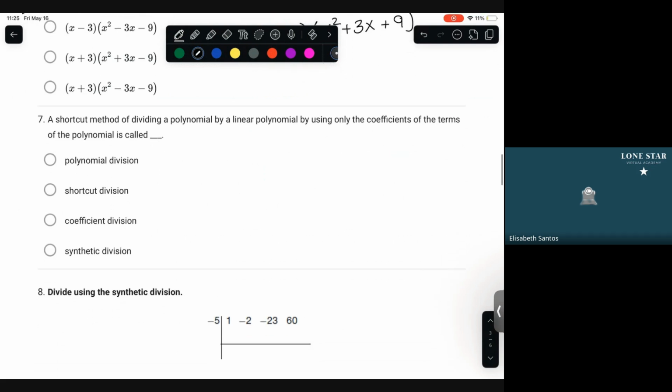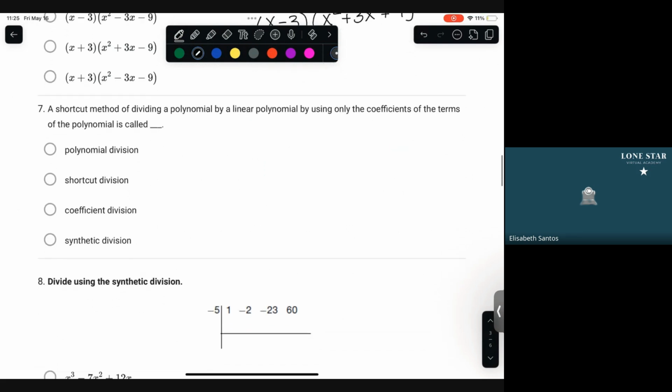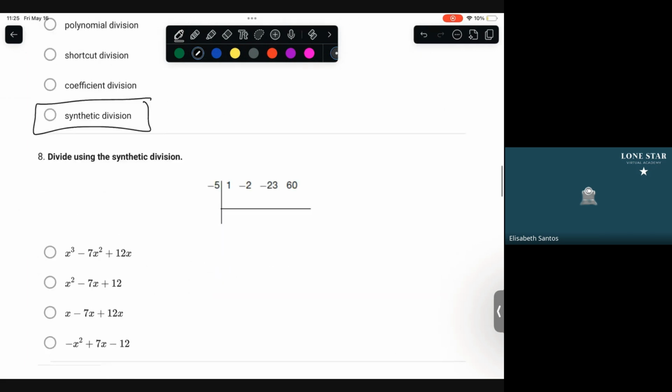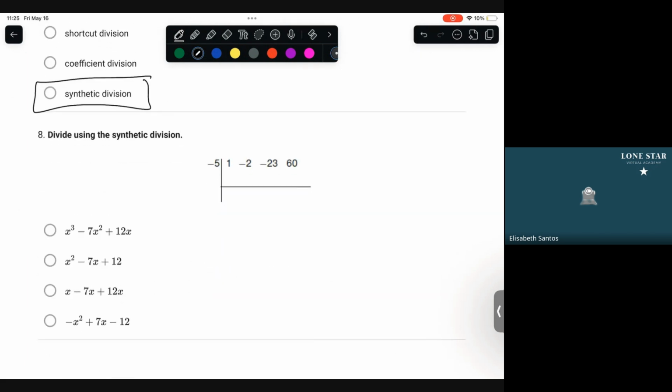Okay, so shortcut method of dividing a polynomial by a linear polynomial by using only the coefficients of the terms of the polynomial is called synthetic division. And we're going to see an example of that. So y'all should have the equation.